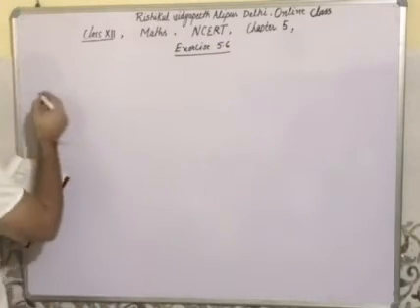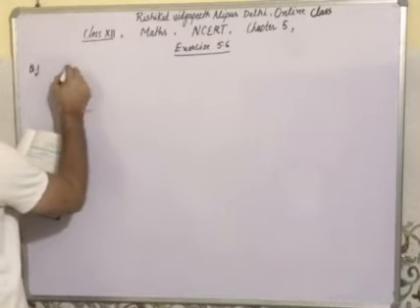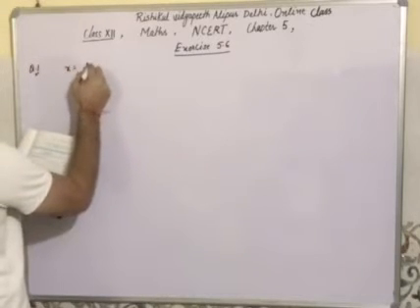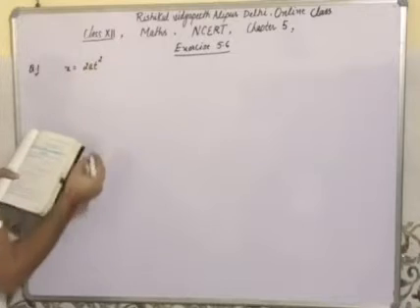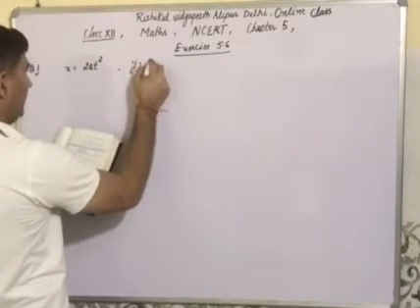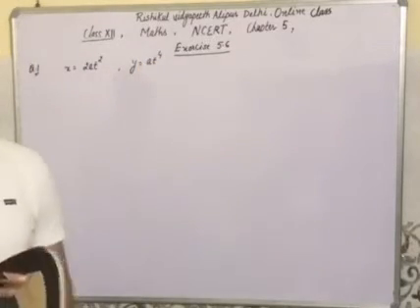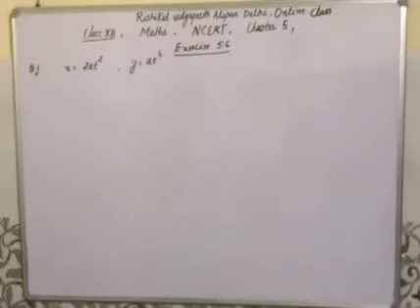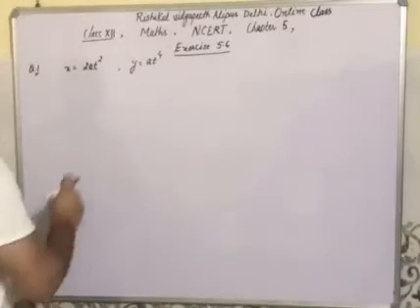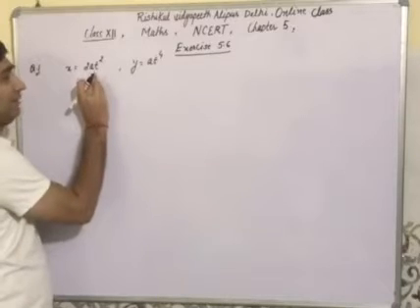In question number 1, x is equal to 2at squared and y is equal to at raised to the power 4. Then find dy by dx. Here x is a function of t and y is a function of t.